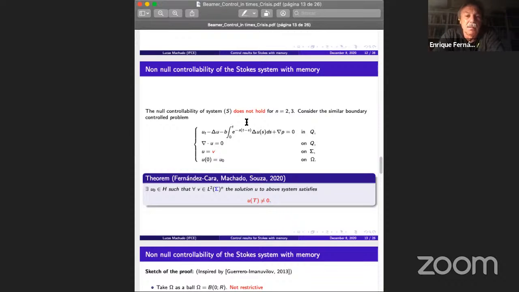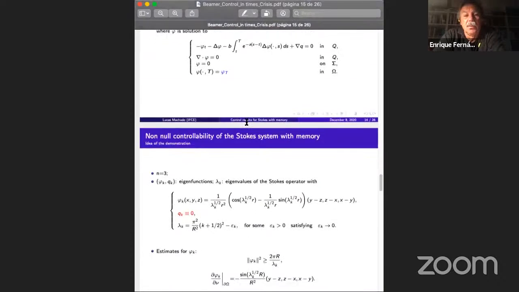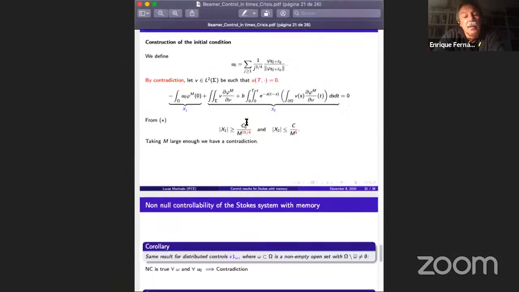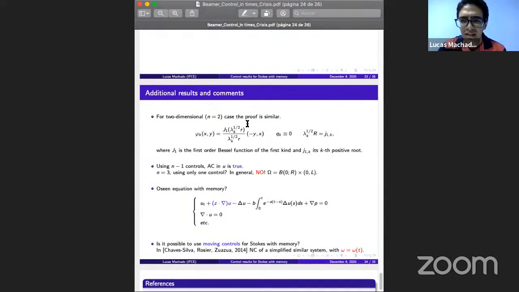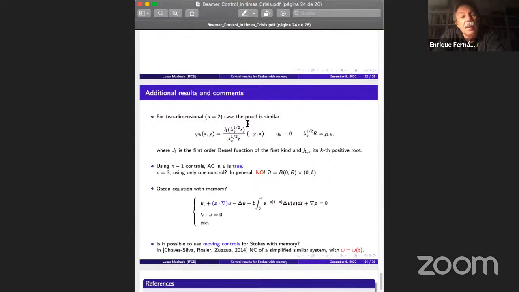I mean, is it possible to get a local controllability result for the original nonlinear problem, while for this linearized version you don't have null controllability? Have you looked at this? Do you understand?